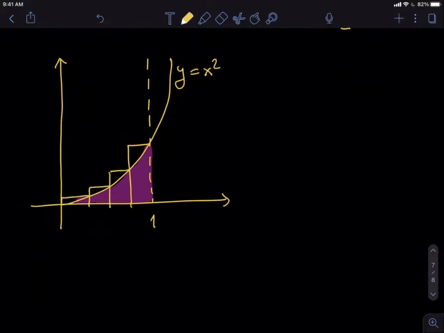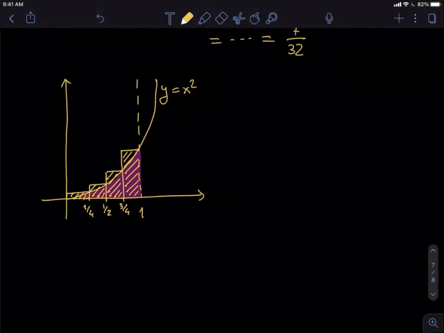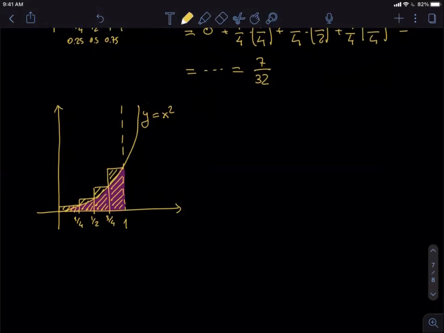Okay, in this case, we will be taking this area. Again, the same sample points: 1/4, 1/2, and 3/4. And in this case, as I was saying, we are overestimating. But again, this is also an approximation of the area we wanted to find in the first place.